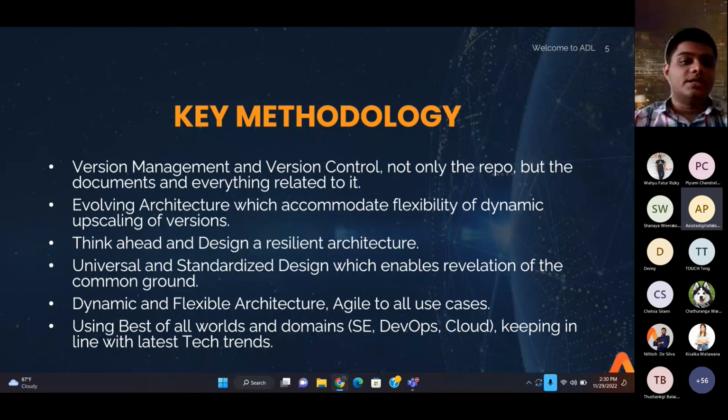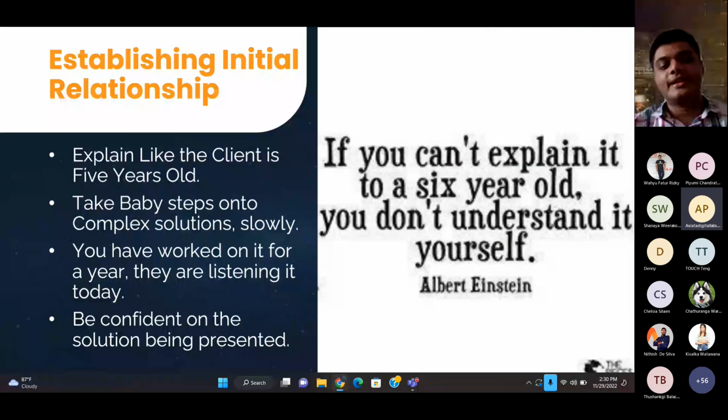Establishing the initial relationship with partners, strategic partners, and clients: explain to the client like he is 5 years old. The client could be from a tech background, or from business or whatever it is.